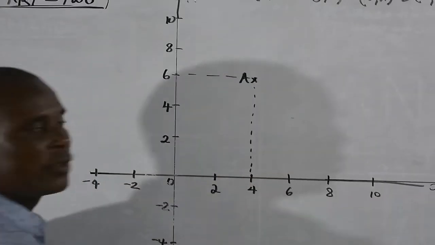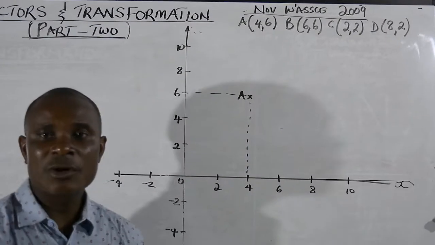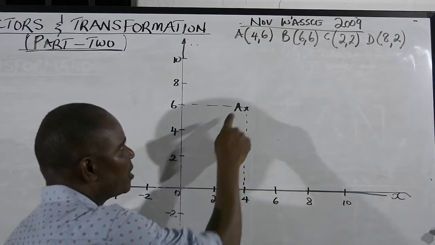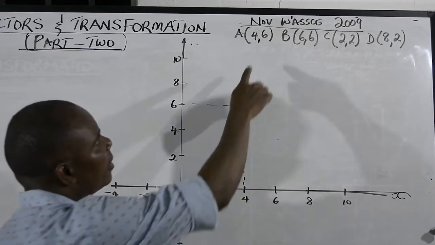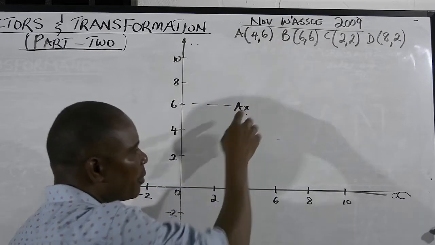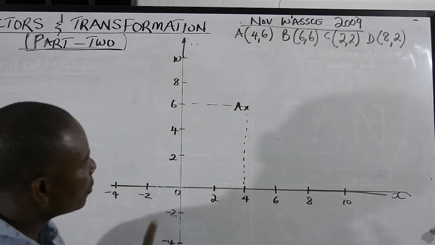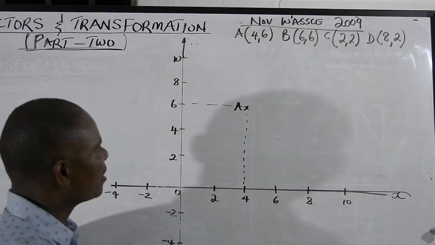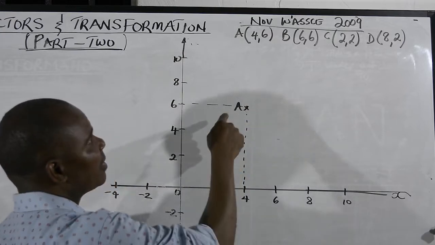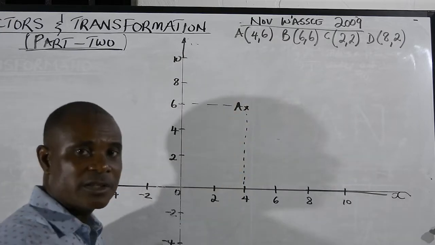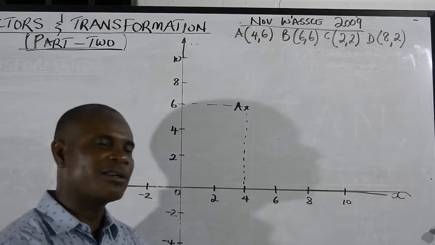Watch out: if the question gives vertices and their coordinates, you have to make sure the vertex is the letter and the coordinate is the numbers, so 4 and 6. Because the space is so tight, I'm just writing the vertices and leaving out the coordinates. In the exam, you try as much as possible to write the vertices and the coordinates as you go.